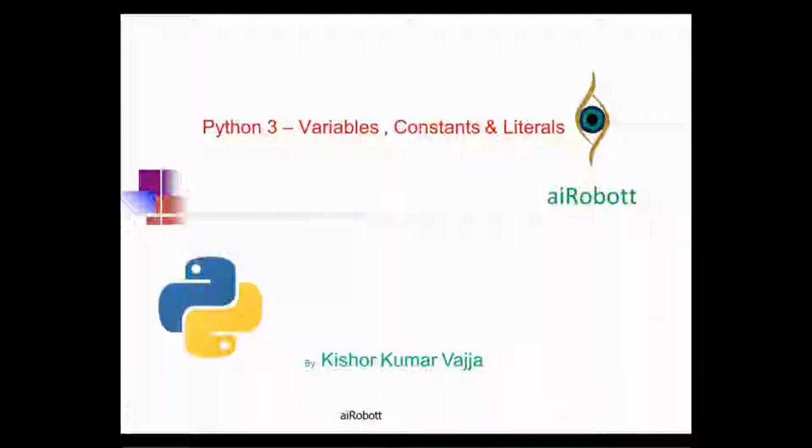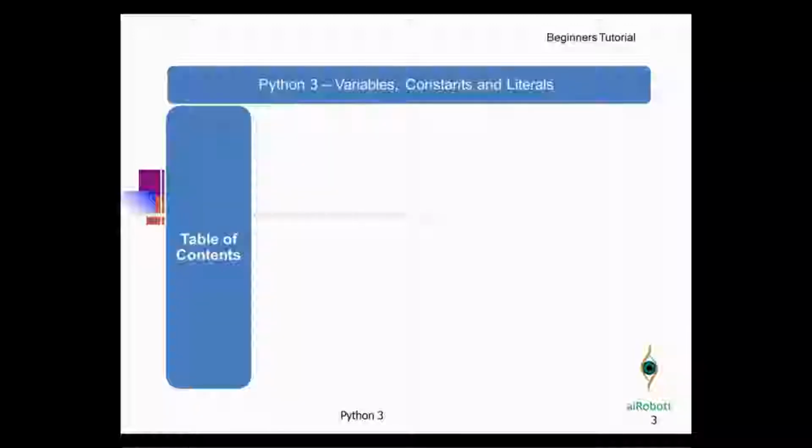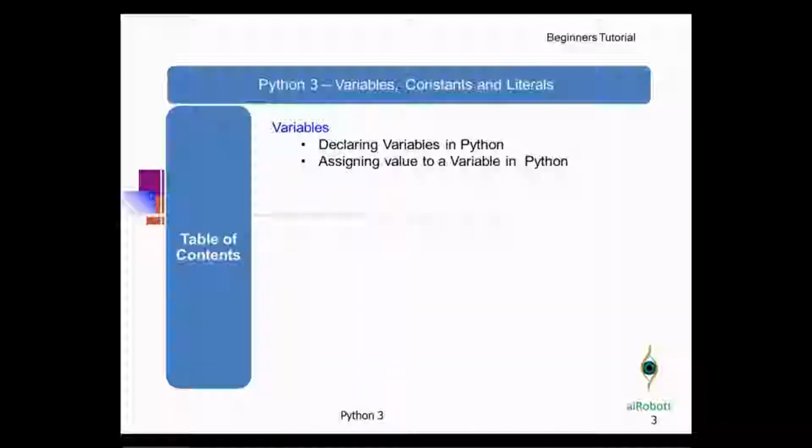Today we are going to learn about Python variables, Python constants and literals. This tutorial is meant for beginners only. In this tutorial, we are going to learn about Python variables, how to declare variables in Python, and assigning a value to a variable in Python. Next, constants.